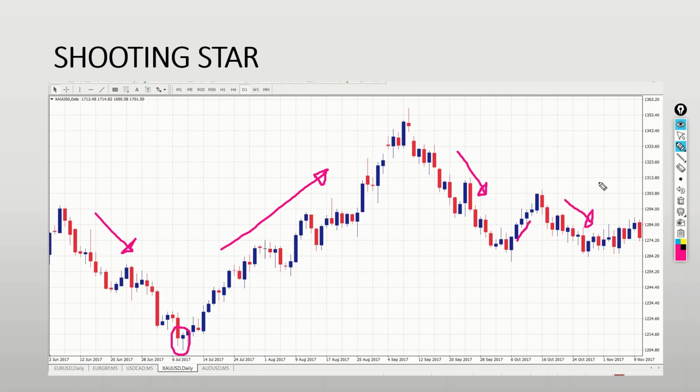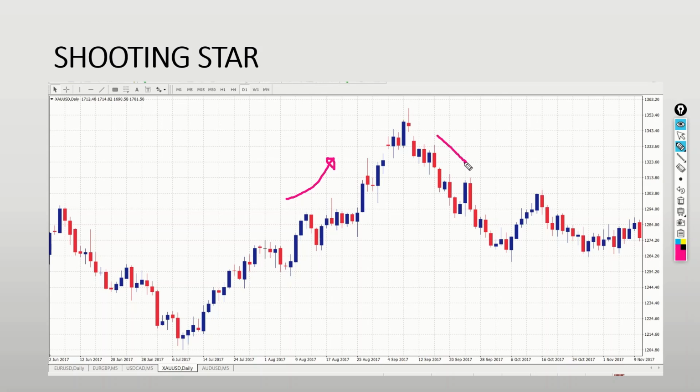So you're looking for a shooting star. When you look here, we have to look for where the uptrend is and where it exhausted from. The uptrend exhausted from this level, so this is where we get our shooting star. And as soon as we form the shooting star, what does the price do? It goes down. Once again, a shooting star happens in an uptrend.